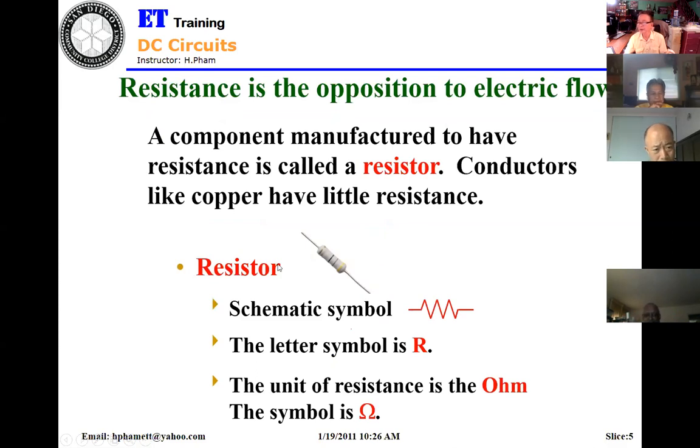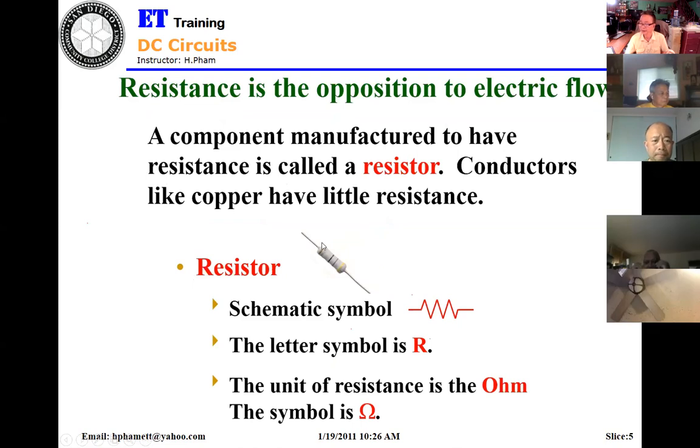And that will be talking about the resistor. Okay? Basically, this is a resistor. You're looking at the side of a resistor. And a resistor basically tries to limit the current. Okay?